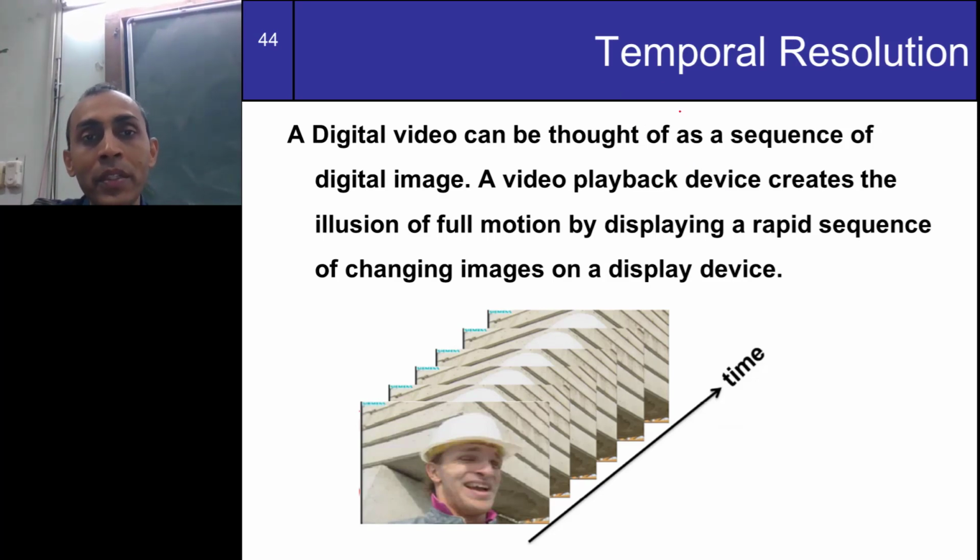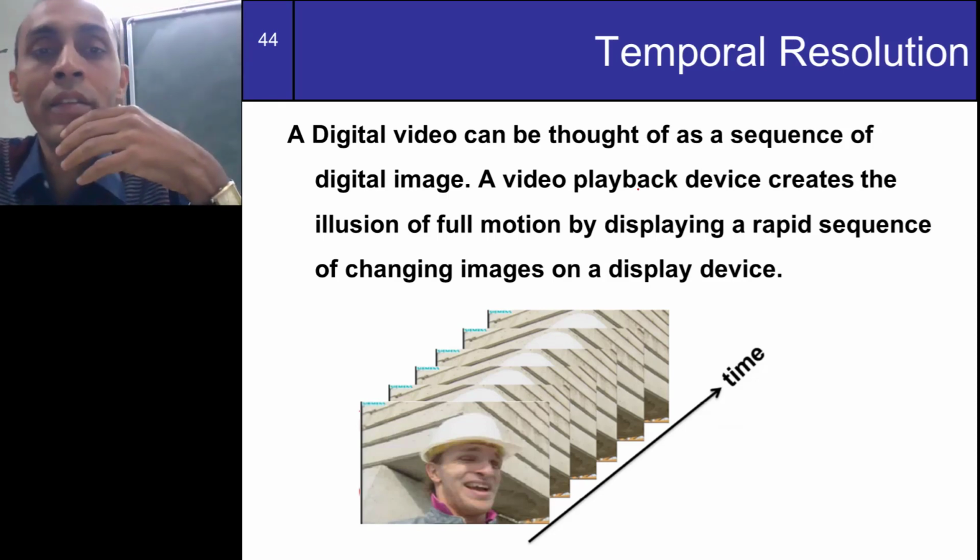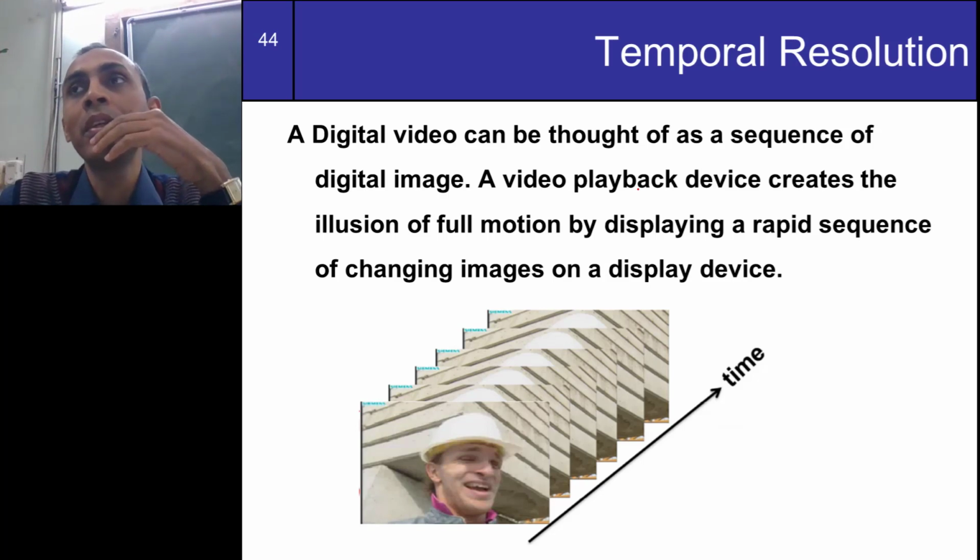When we see a video on a device, it's nothing but image sequences being changed rapidly. Our eyes cannot resolve more than 15 frames per second. So if something changes at a higher rate than 15 frames per second, we see it as continuous motion.